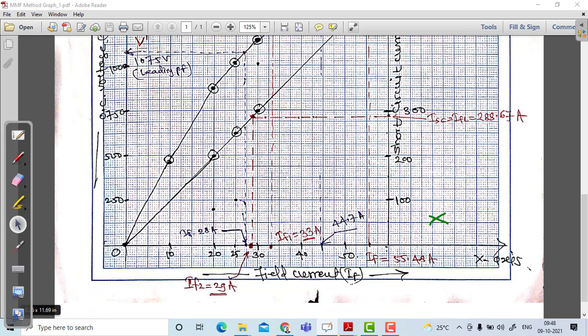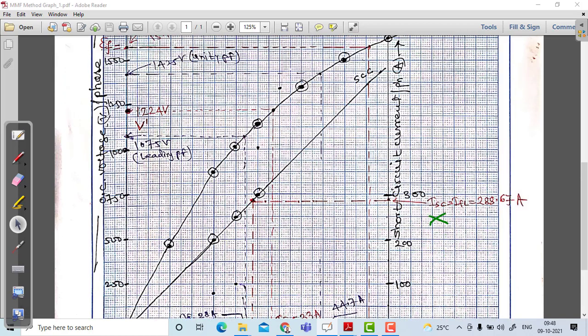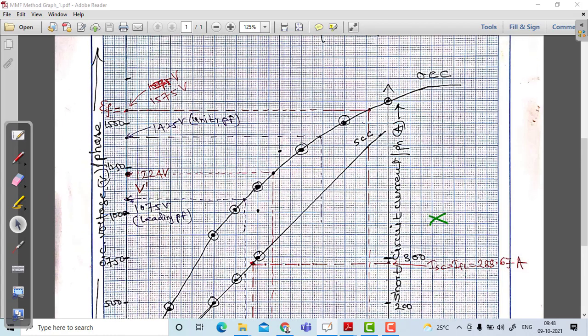So this is 5 ampere, 10 ampere, 15, 20, etc. We have written x-axis field current. And on the y-axis, 1 centimeter equals 125 volt. I have marked after every 2 centimeters, say 250, 500, 750, 1000, 1250, 1500, etc. And on the y-axis it is written open circuit voltage per phase.